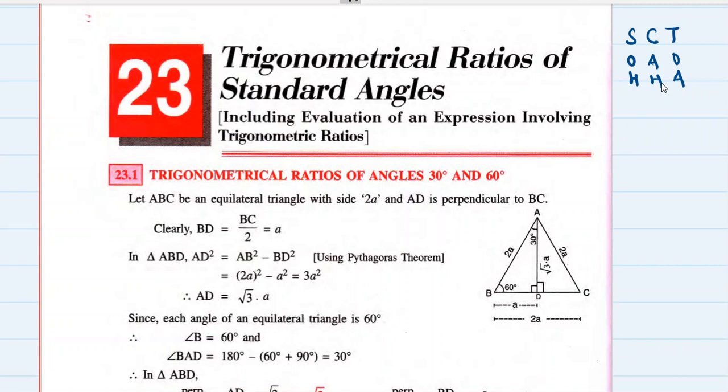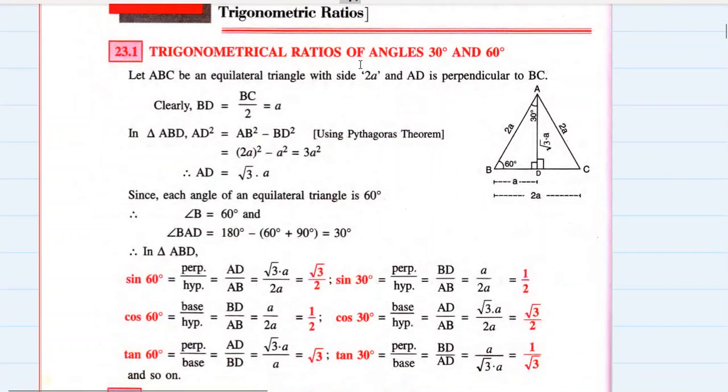We are going to find their values by some derivation, prepare a table of the values of trigonometric ratios of some standard angles, and then use those values in numericals. So let's first start with the derivation part, that is the values of trigonometrical ratios of the angles 30 degree and 60 degree.